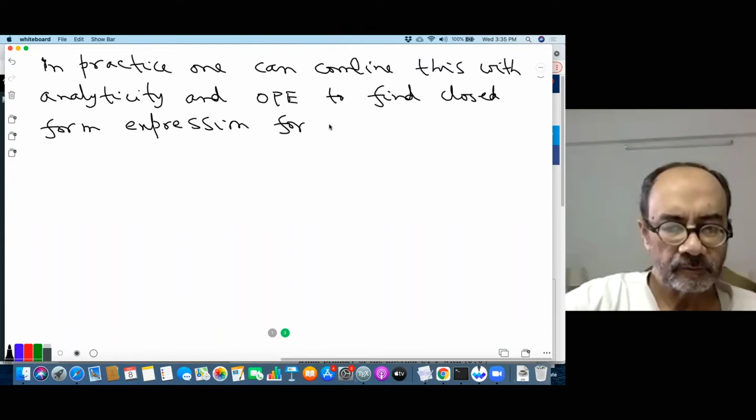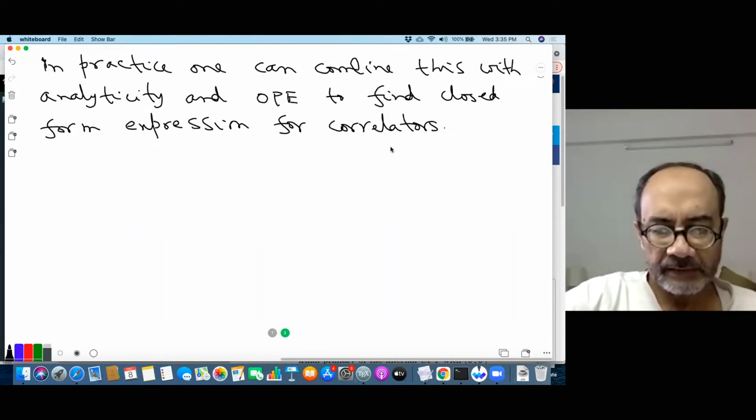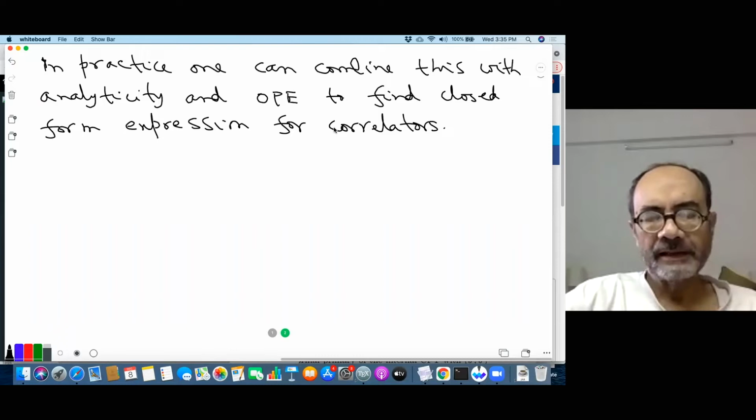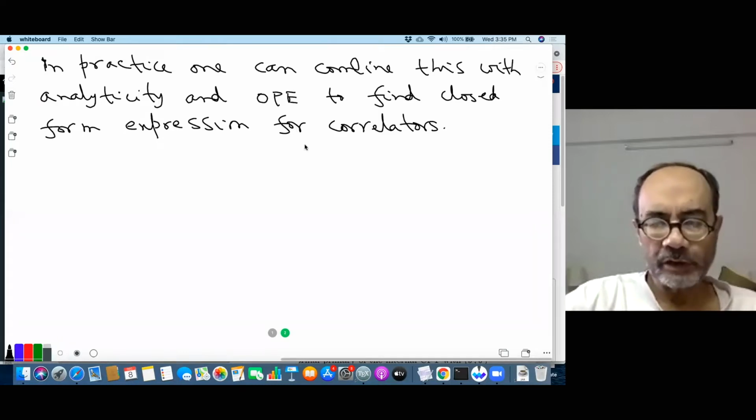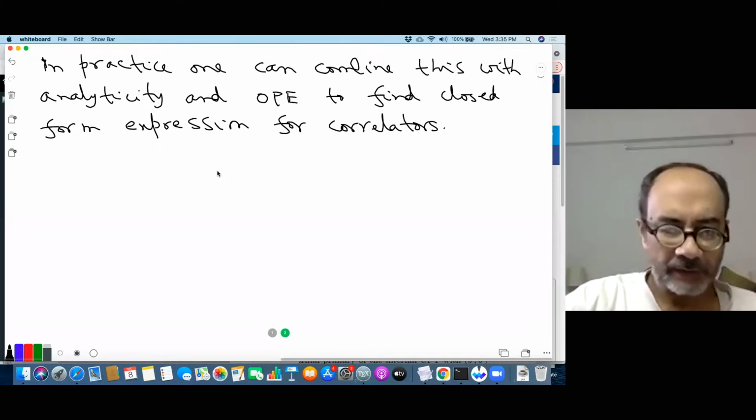But the point is that in principle, you can just use the sewing procedure to build up all the correlation functions.